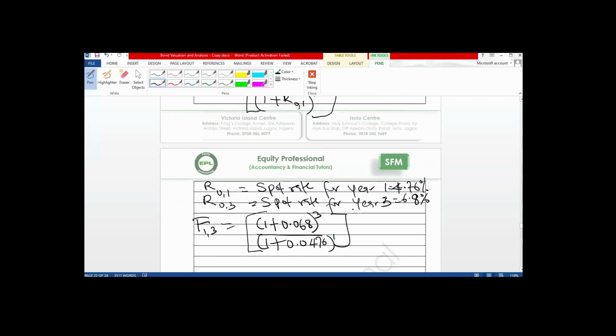Close my brackets. 1 over 3 minus 1, minus 1.